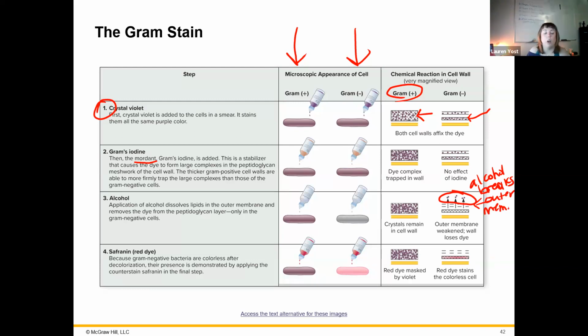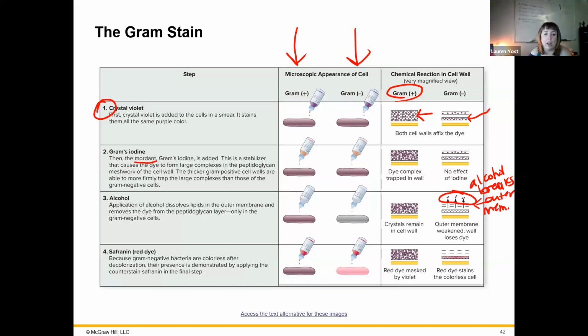That causes the little bits of crystal violet that did get meshed in there to be very well rinsed out with the alcohol. It's just ethanol that we would be using at this step.